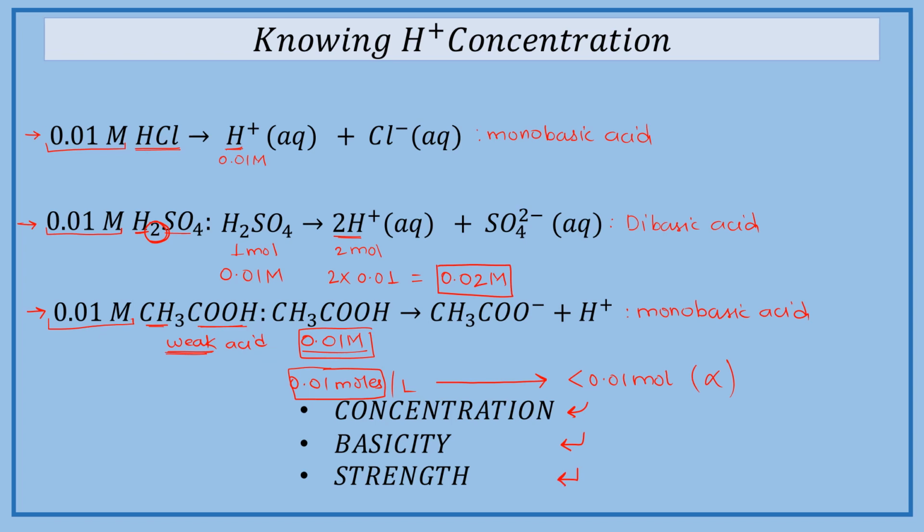By having these 3 pieces of information in hand, we can follow a similar approach by calculating the H plus ion concentration that will be produced from that particular acid, and we can use the logarithmic tool to calculate pH.